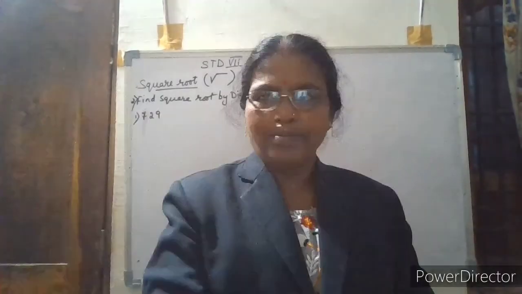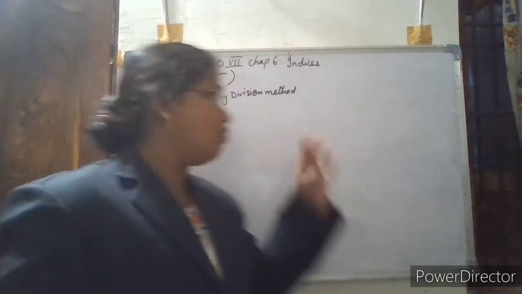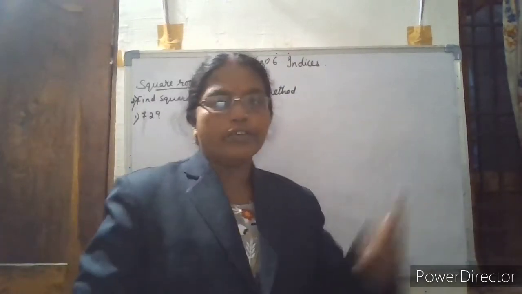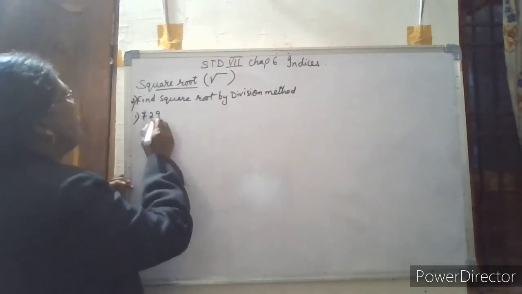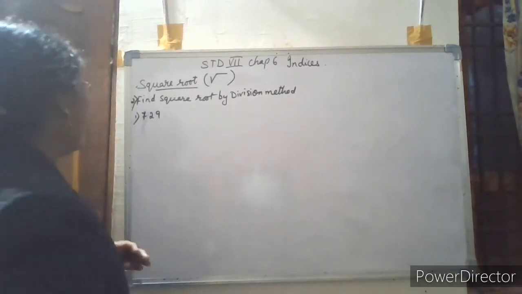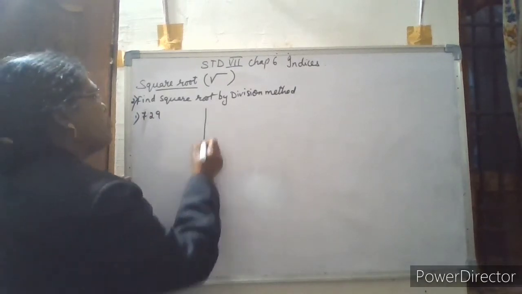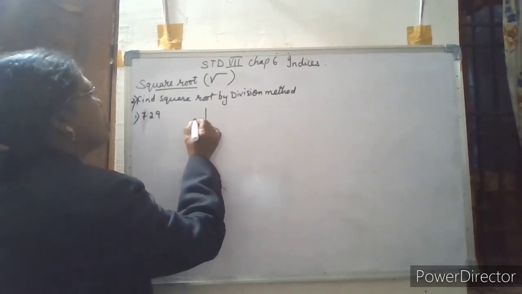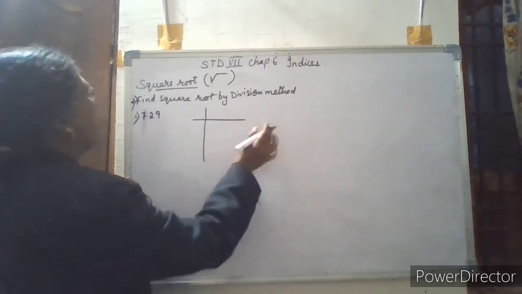Now let us go to the next method, that is the division method, to find the square root of numbers. I have taken one example, 729. How to find the square root of 729 by the division method? For the division method, make a square box like this and write 729.